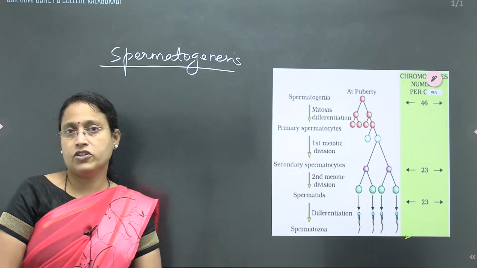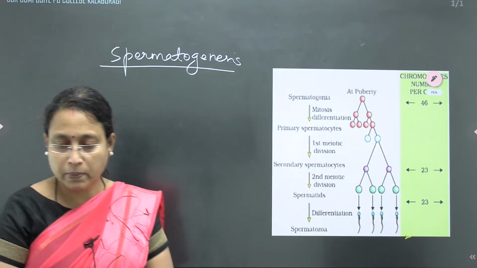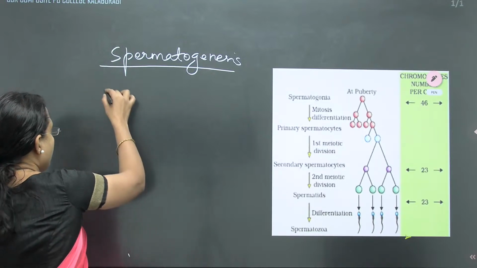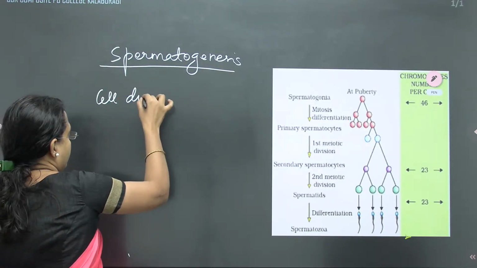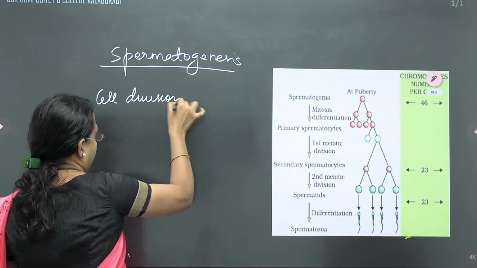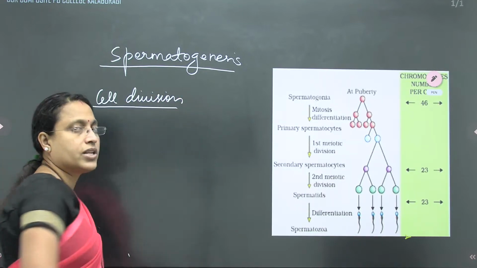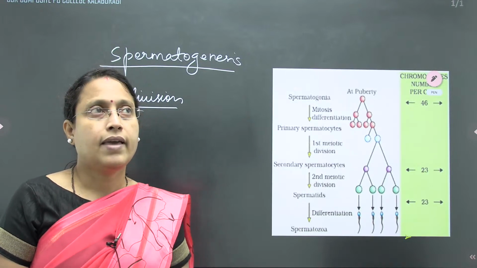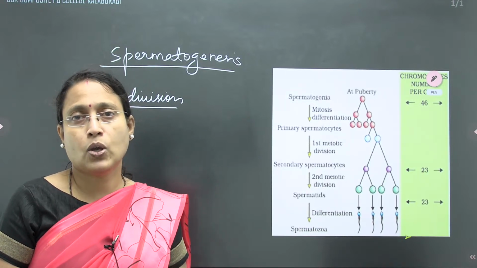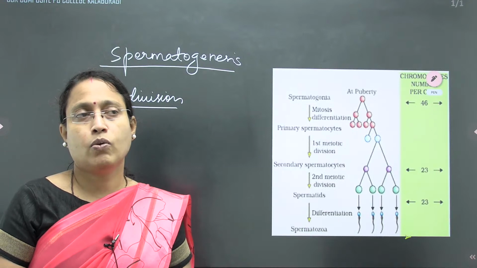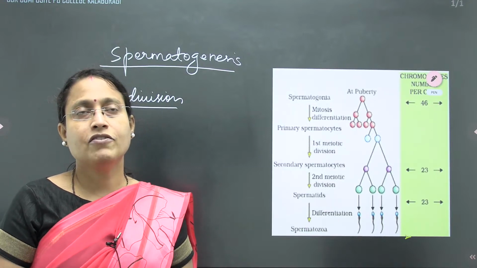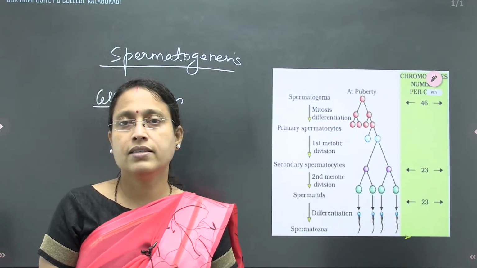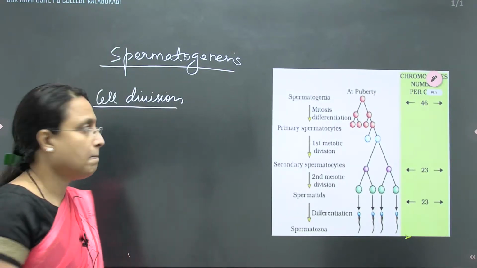Now, how is cell division related to spermatogenesis? The type of cell division that results in production of sperms is meiosis, because sperms and ovum are both haploid, and the cell division that gives rise to haploid cells is meiosis.